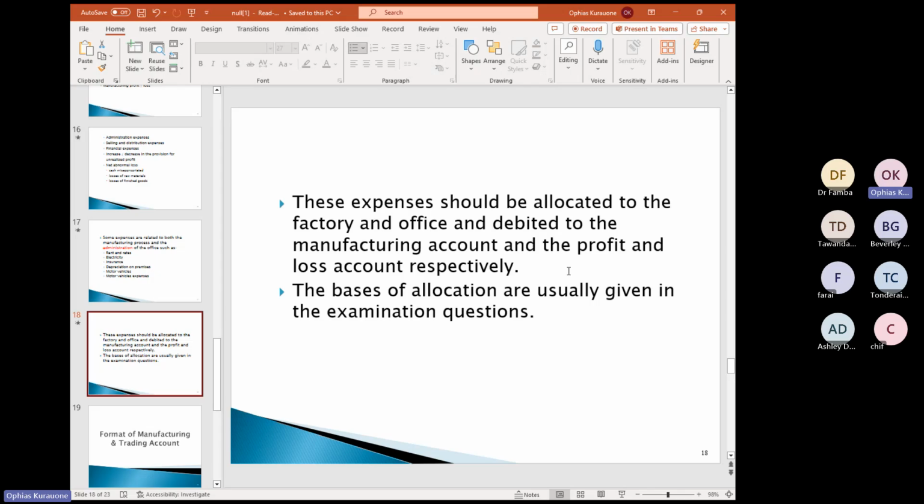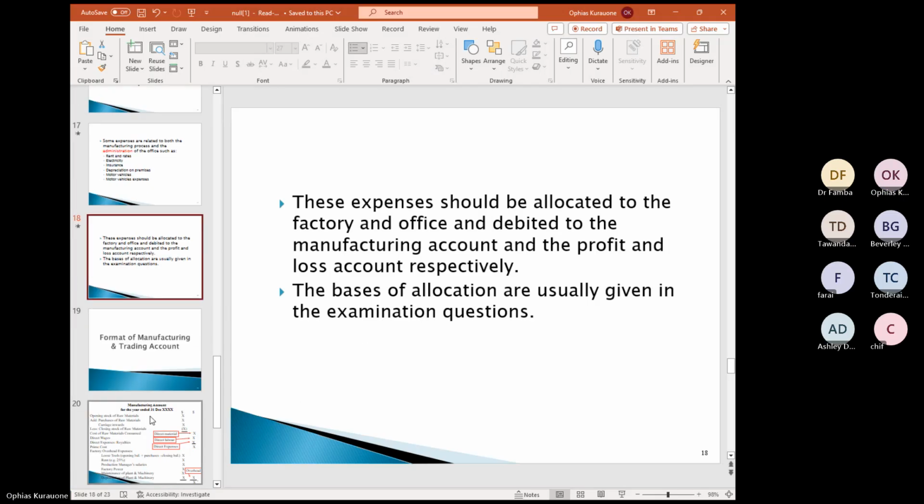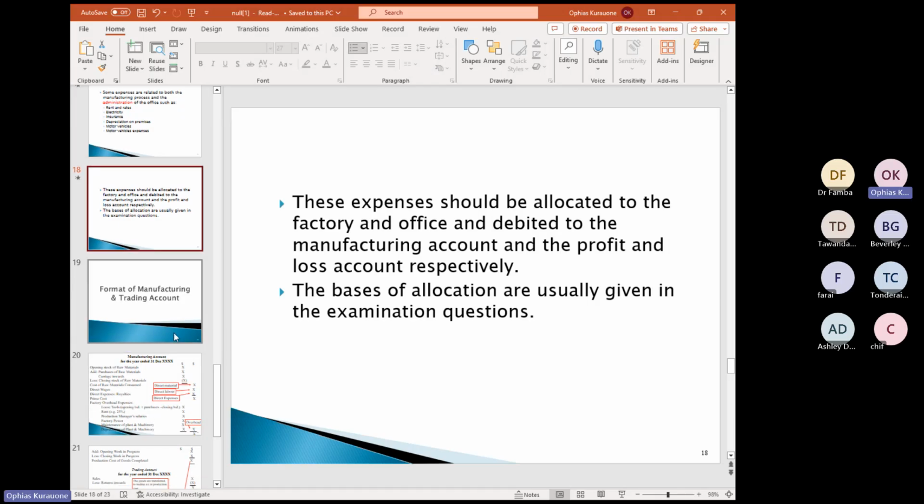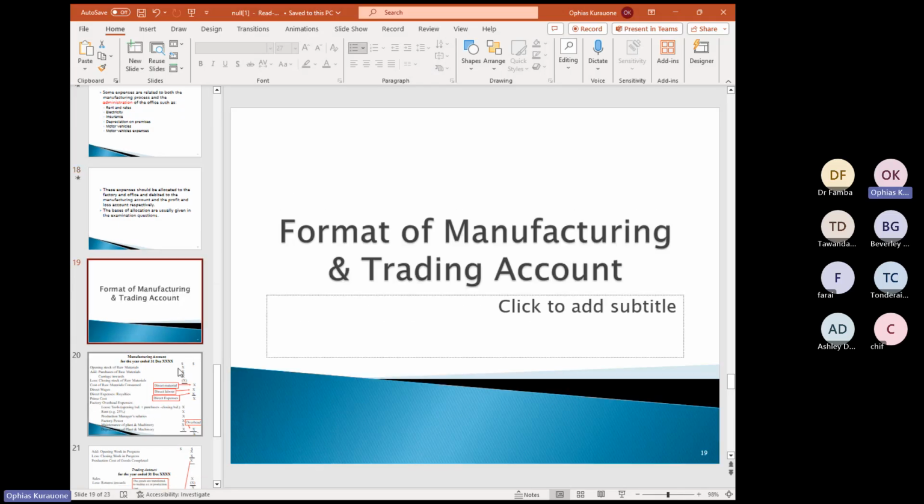When we were looking at the departmental stores, you will see that cost can be allocated. Management can decide maybe on the usage or the floor space, depending on the management's criteria. So that becomes fair. Okay. Then any question before we move further?